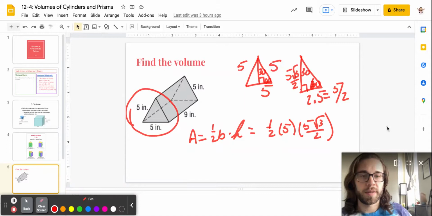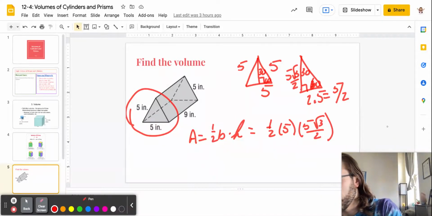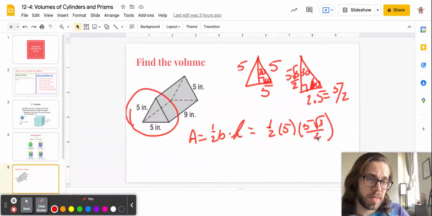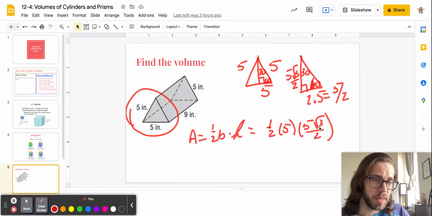If you ask yourself what that is in terms of a number, we are just going to leave it as is. But we know the square root of 3 is close to 2, and then when you divide by 2, that gives you a height of about 4.3 or so, a little bit smaller than 5.